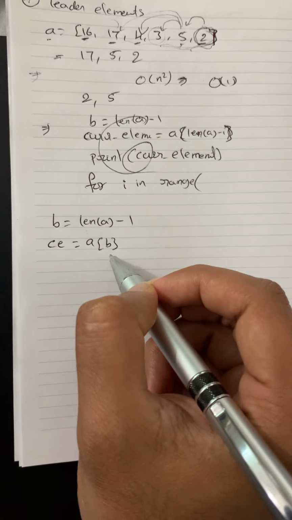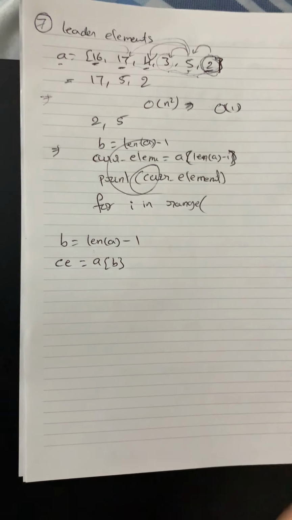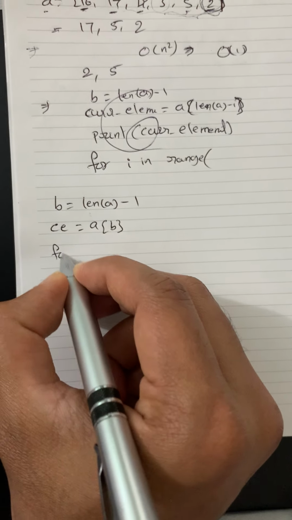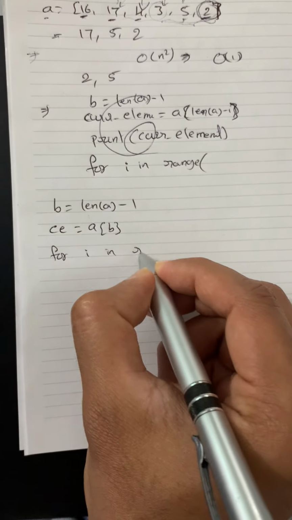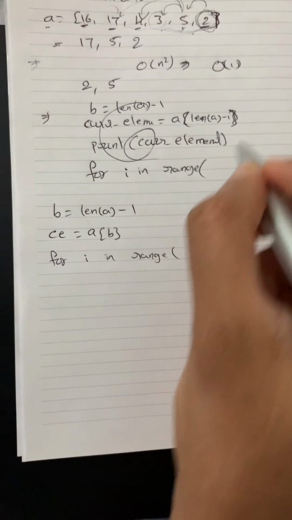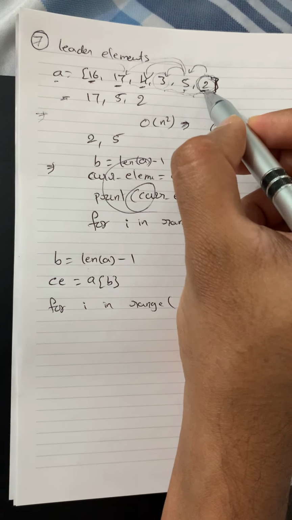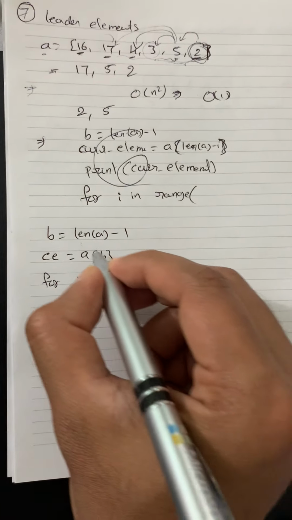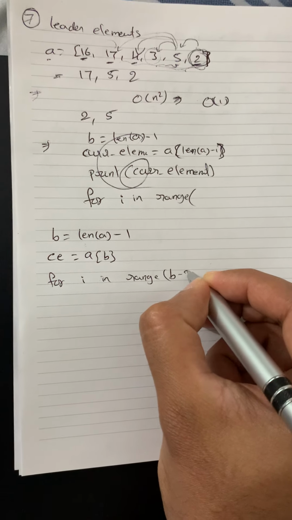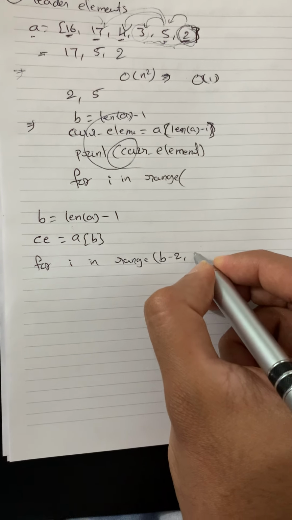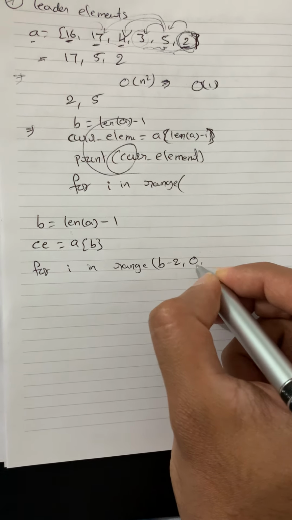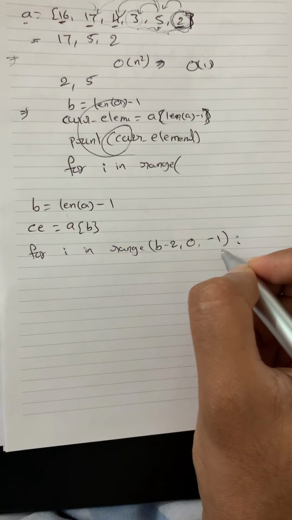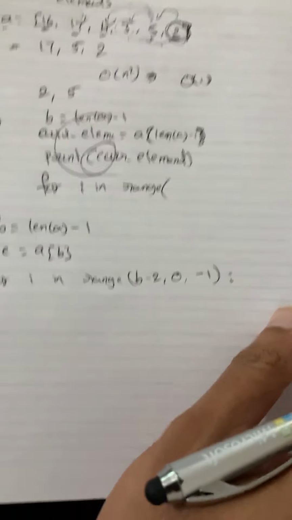So a of b is now holding number 2. Now I will be traversing the list for I in range. Like I said, we are not traversing from here, we are traversing from number 5, which is going to be b minus 2. We don't need any step increments. We are doing it in reverse order, so we keep minus 1.